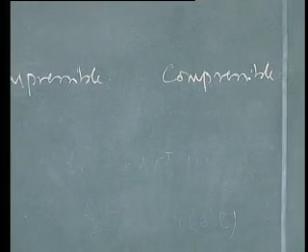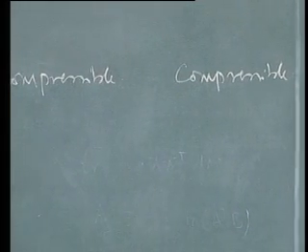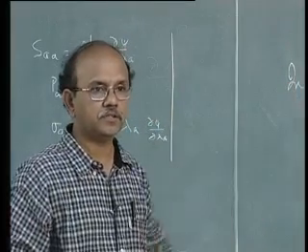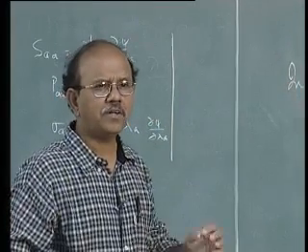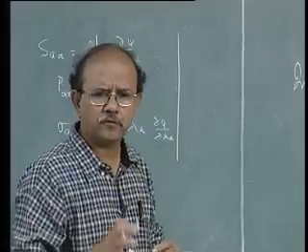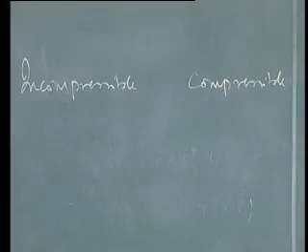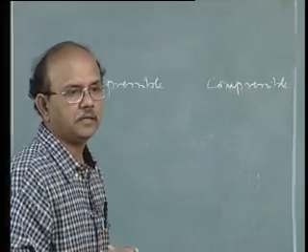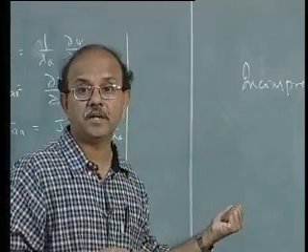Same way the other branch also goes off, anisotropic materials and so on. Now, what is the difference? Let me just point out the difference. The difference is that the representation theorem is no more valid.